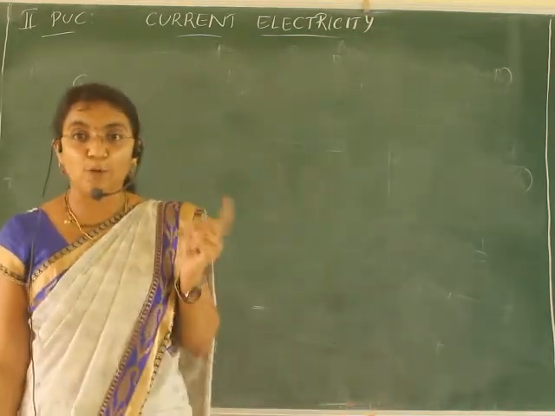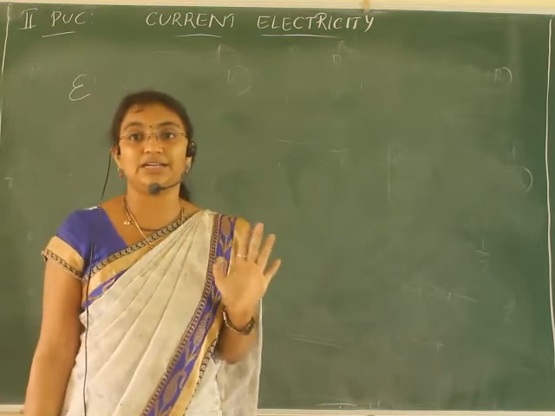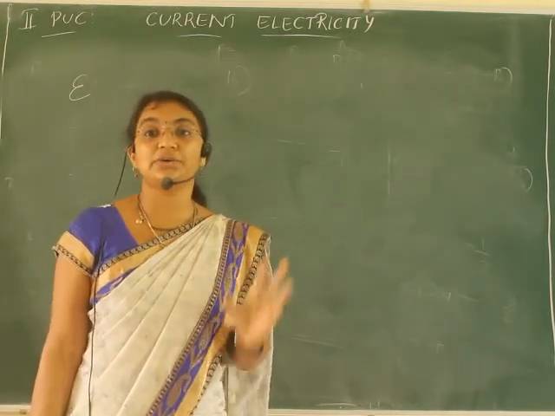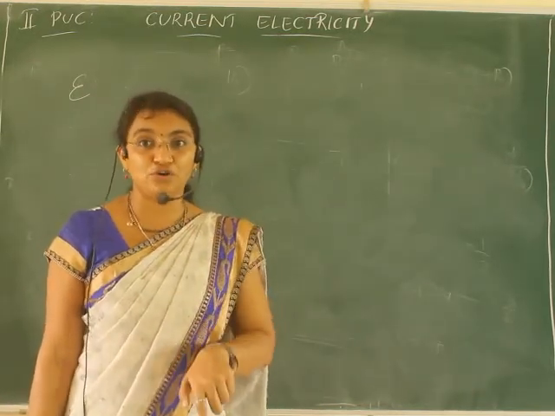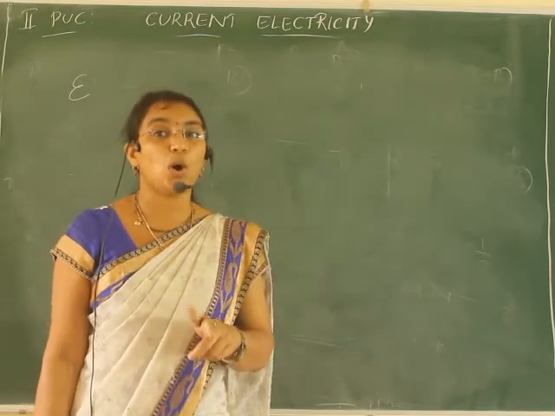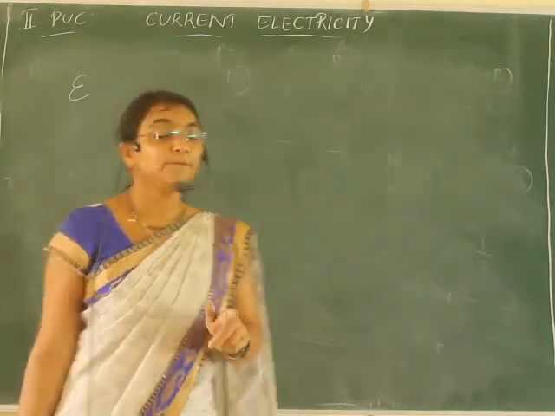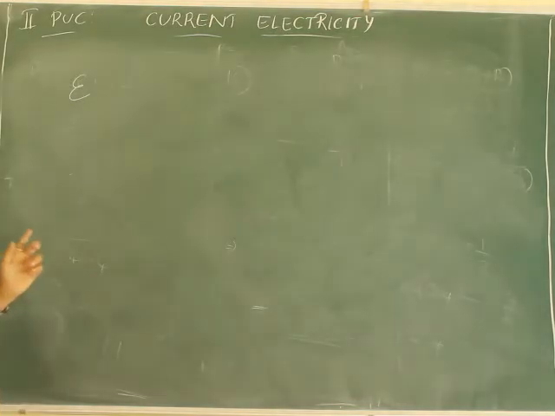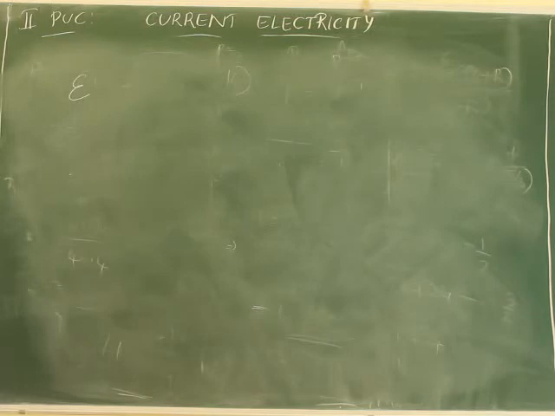If the circuit is closed, current flows, and the switch is on. Understood? So when the circuit is open and no current is drawn, the potential difference across the terminals of the battery is the EMF.